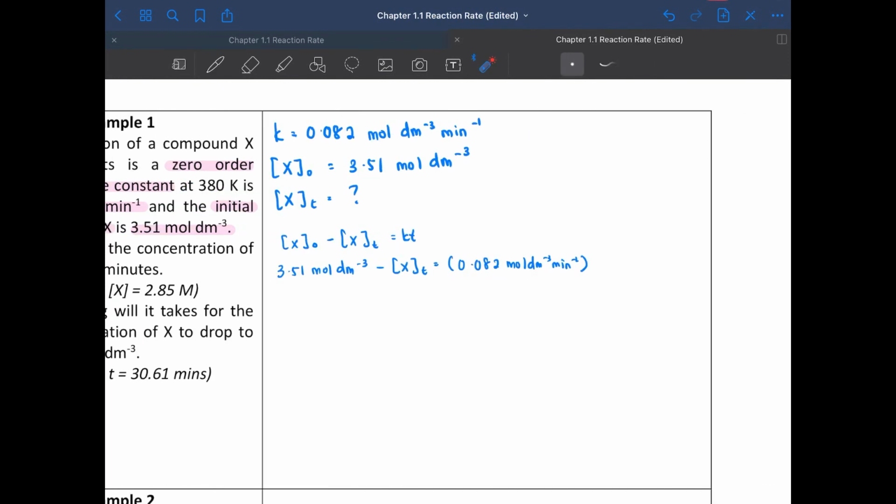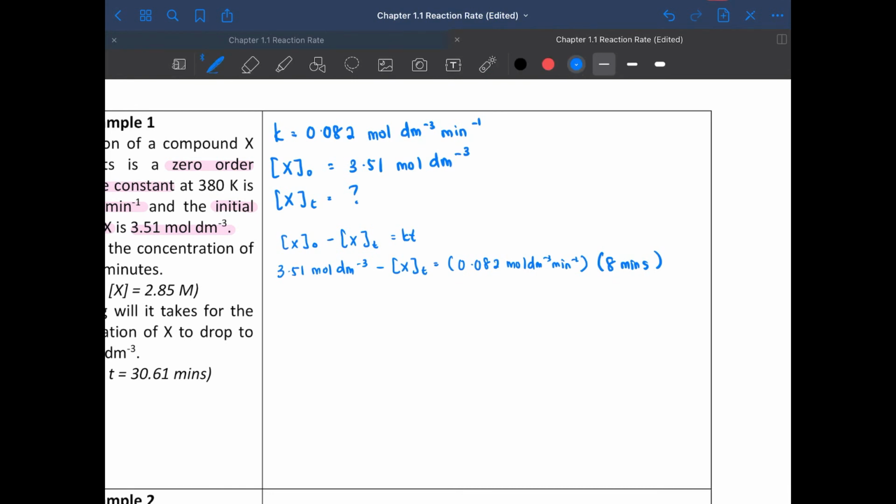I write the units to make it easier to teach you. T here is 8 minutes. You do not have to convert minutes to seconds, because the unit of the rate constant is mole per dm cube per minute, so your time can also be in minutes. If you convert to seconds, you have to convert k as well, which is difficult, so why trouble yourself? Better not to.